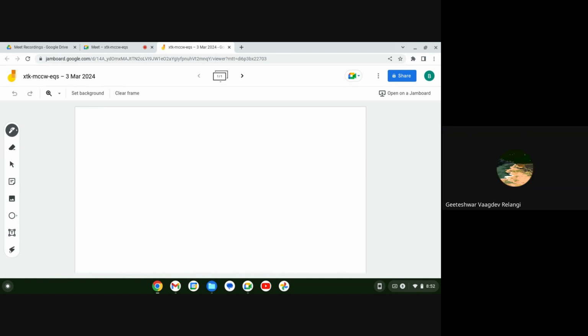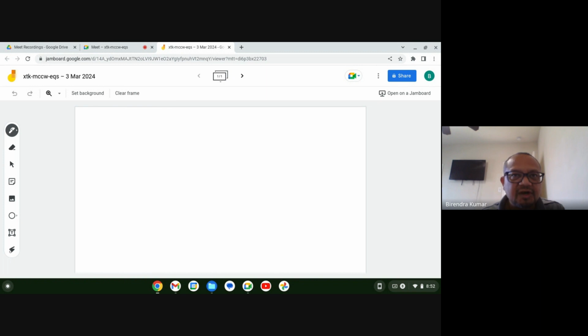What we have not learned is how to find the area, how to find the perimeter, what is the formula for some of the shapes, how I can derive the formula. So we'll learn about rectangle, square, triangle, and circle today.